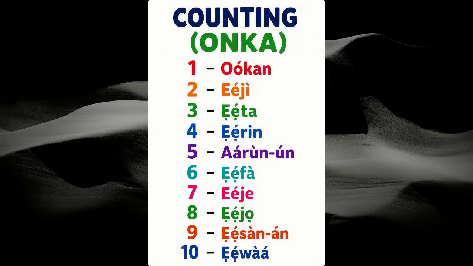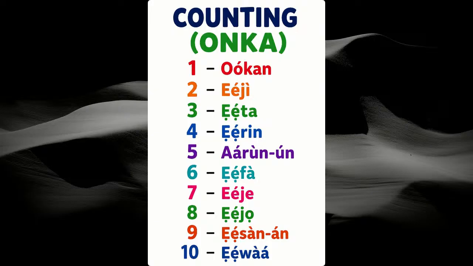Now, I know it's possible that you also find this in some places. They can also count by saying ení as the one, instead of ọ̀kan. We either count one as ọ̀kan or as ení. So we have ení, èjì, ẹ̀ta, ẹ̀rin, àrún, ẹ̀fà, èje, ẹ̀jọ, ẹ̀sán, ẹ̀wá.